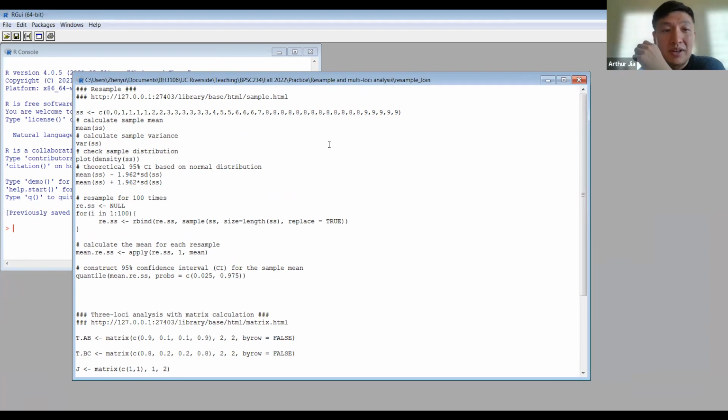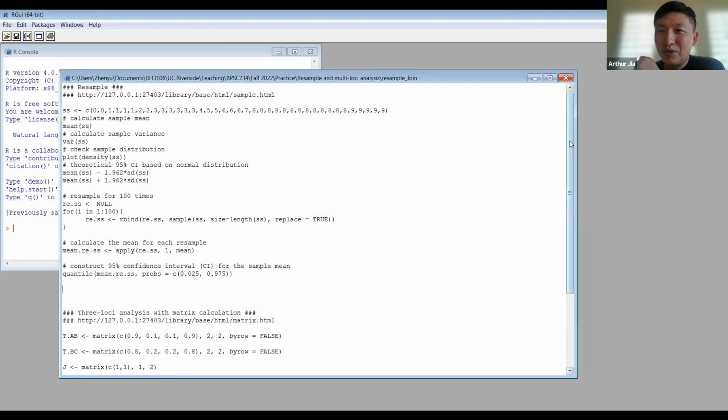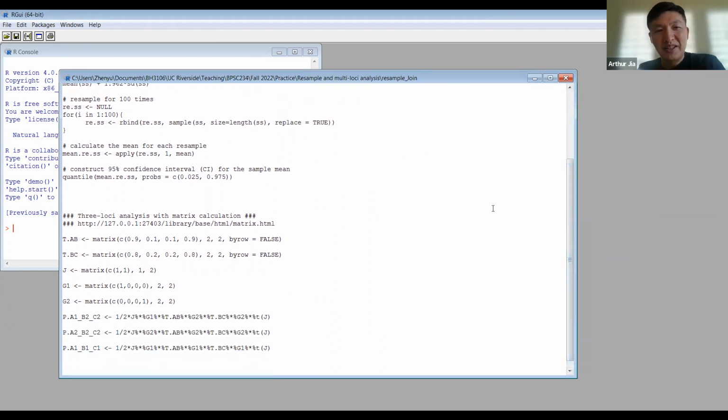The second one is even more important because I gave you a simpler example to show you how you can use matrix notation to calculate the joint probability if you have a simpler design, the backcross design. Make sure you understand this, and then you can try to expand this to the more complicated situation, the F2 design, and write your own code as a practice.